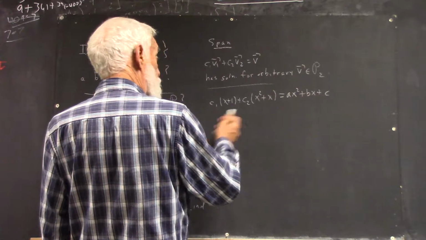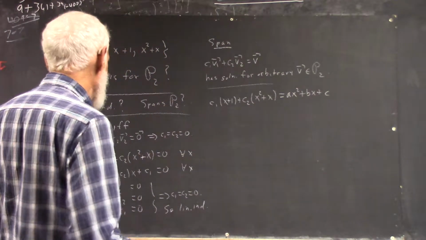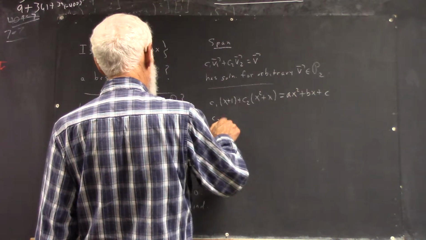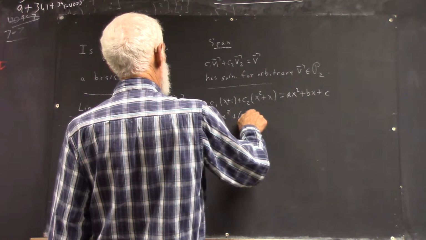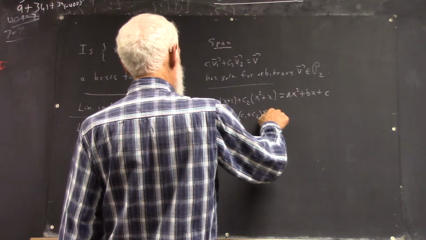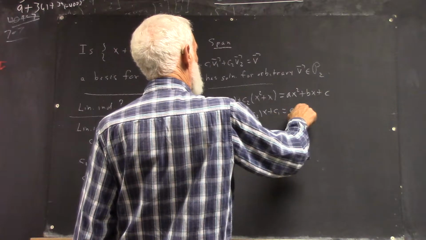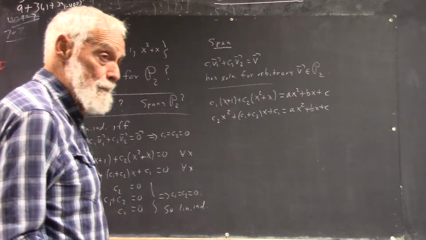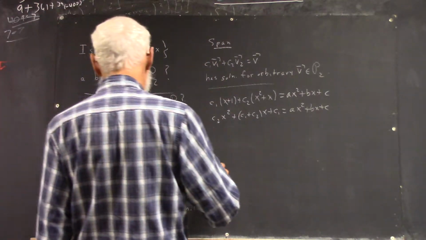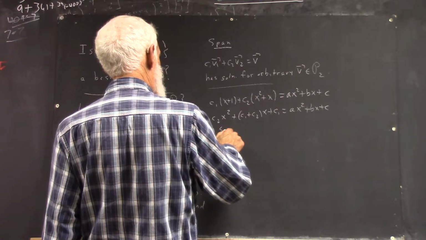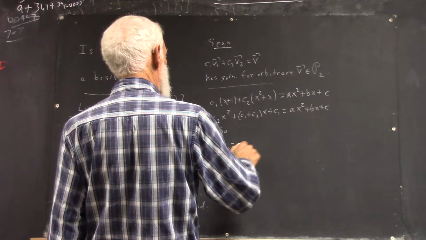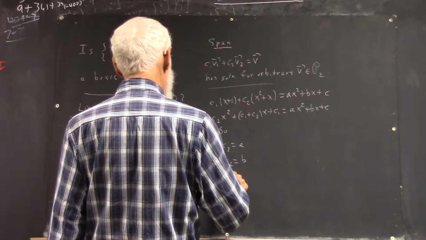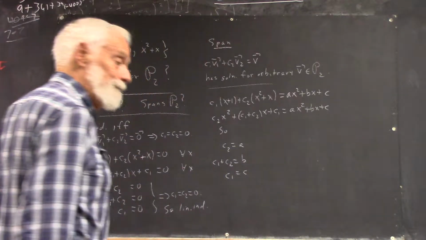Okay, so this tells us what? Well, this expression, as we saw here, simplifies to this, right? So we can just jump to that. C2x squared plus C1 plus C2x plus C1 equals ax squared plus bx plus c. Right? So C2 equals a, C1 plus C2 equals b, and C1 equals c.